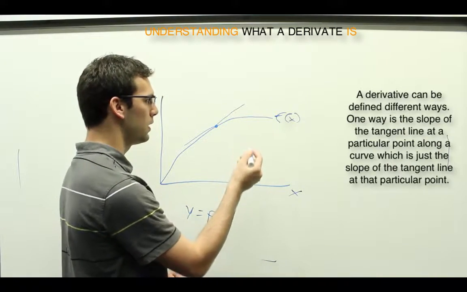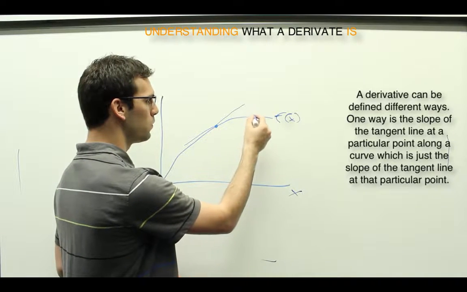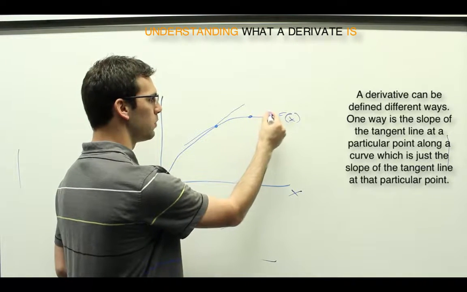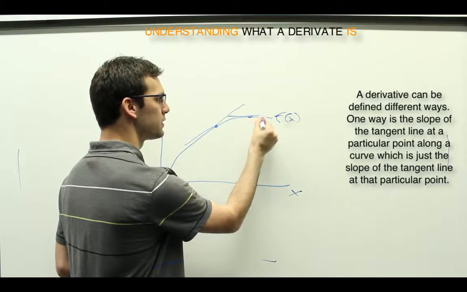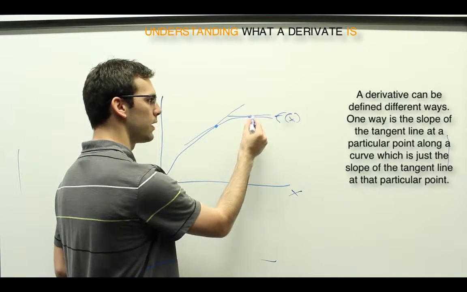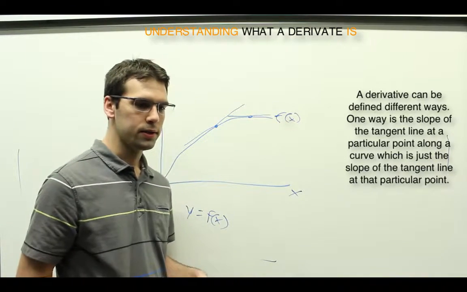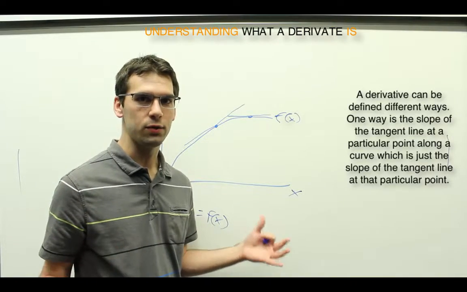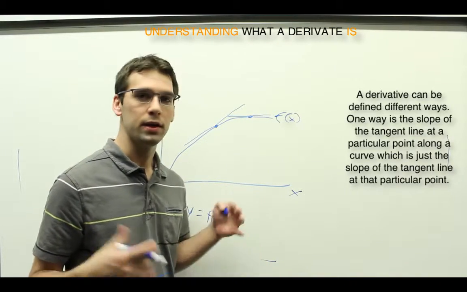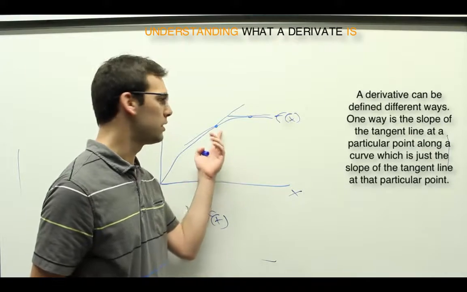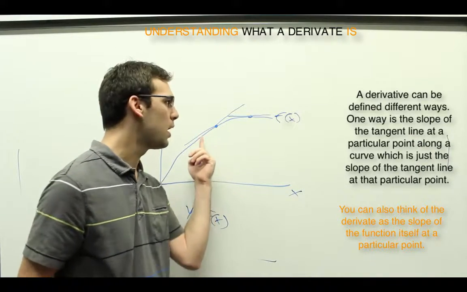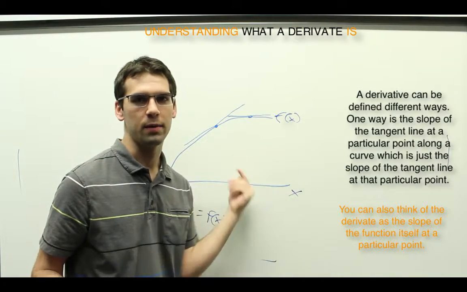For example, we could also look at this point, and that would give us the slope of the line right here. That's a really precise way of saying it, but in loose terms, you could think of the derivative as being the slope of the function itself at a particular point.